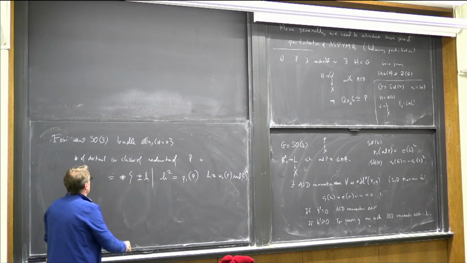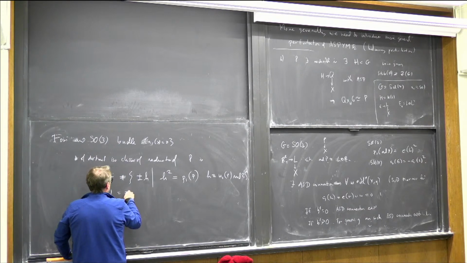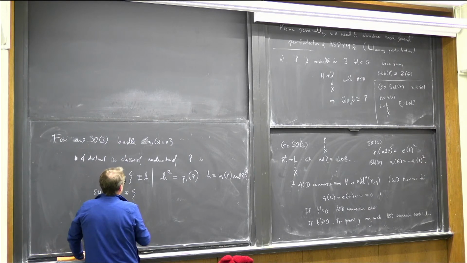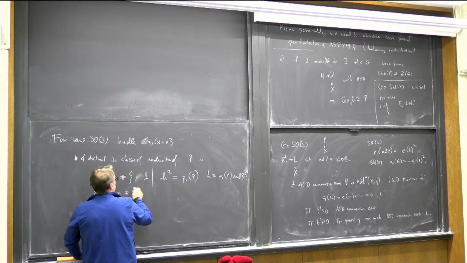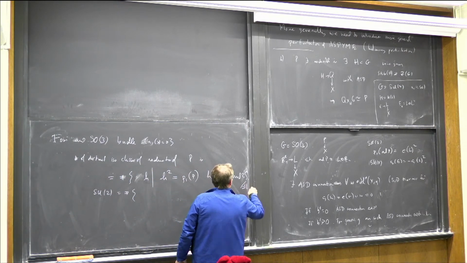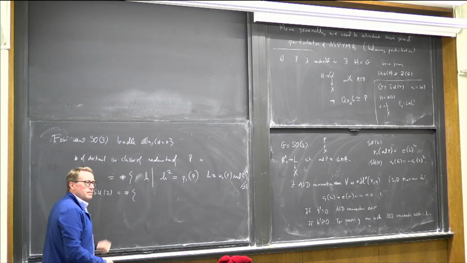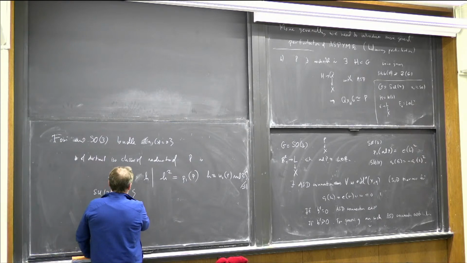Right. And for SU2, it's similar, or maybe said better, it's this divided by plus or minus 1. That's a better way of saying it. And the answer is similar here.